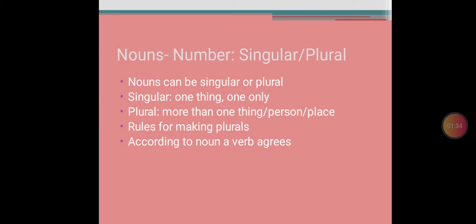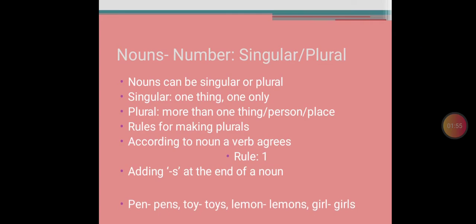So here we go, how to make plural forms. Here is the first rule, and it is very simple. At the end of any noun, you just add s and it becomes plural.